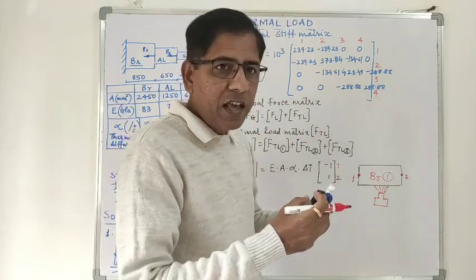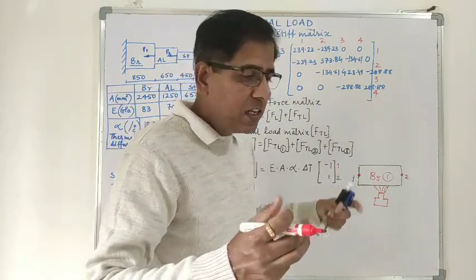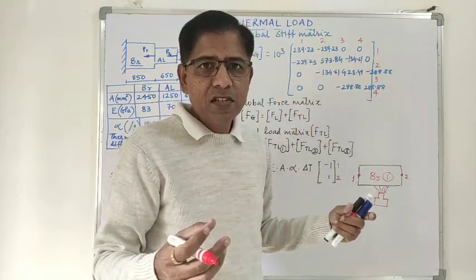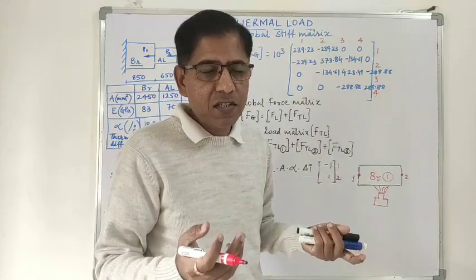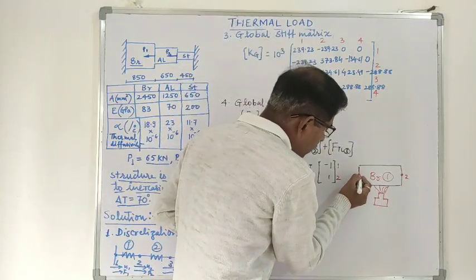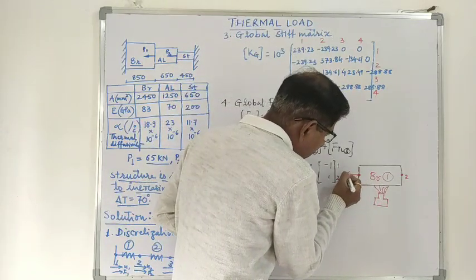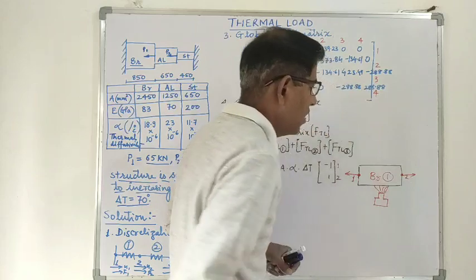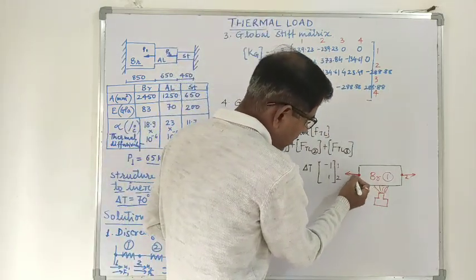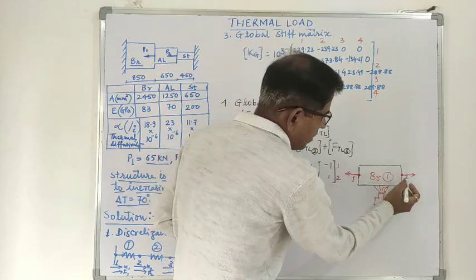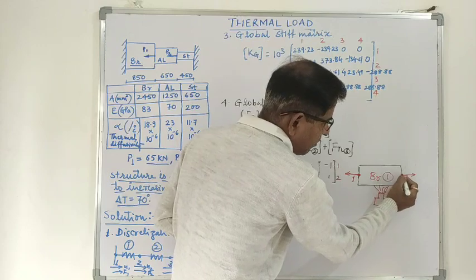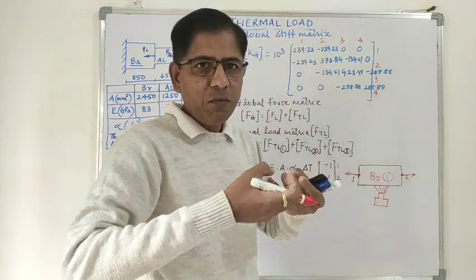Its length will be increased. So obviously there will be tensile thermal stresses in this brass member. That means the load which is acting will be in the axially opposite direction. So this load will stretch this member in this direction, and because of this thermal loading it will stretch the member in this direction. So this brass member will get stretched.